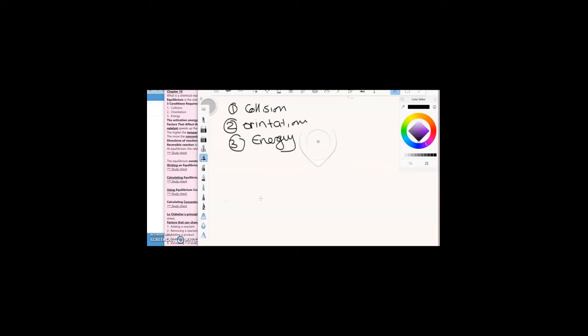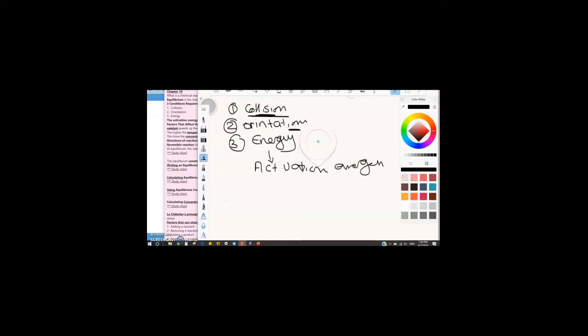For any reaction to happen, molecules of the reactants have to bump into each other in a collision process. And to bump into each other, they have to be in the same orientation. And then to start a reaction, they have to have an energy called activation energy, to start any reaction.